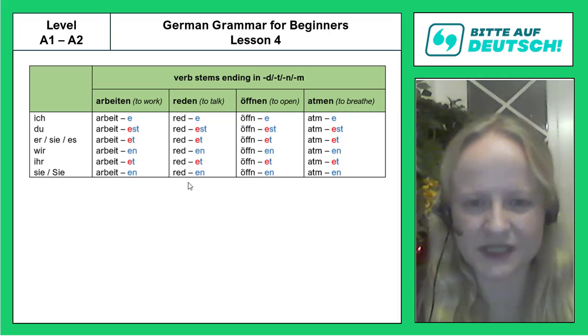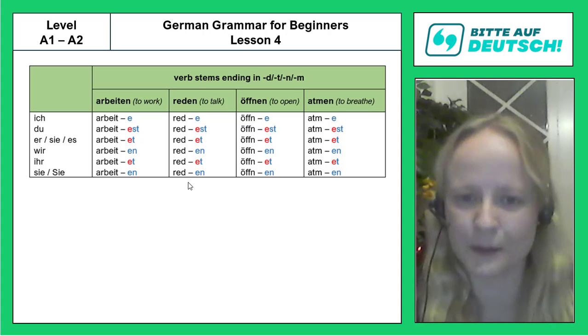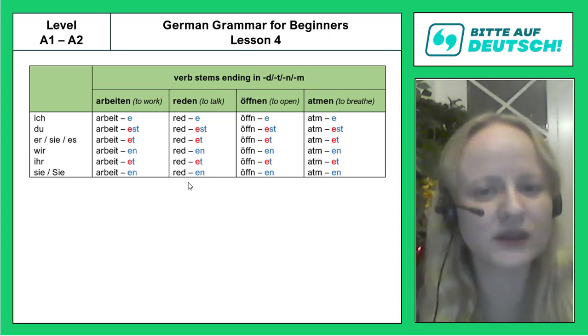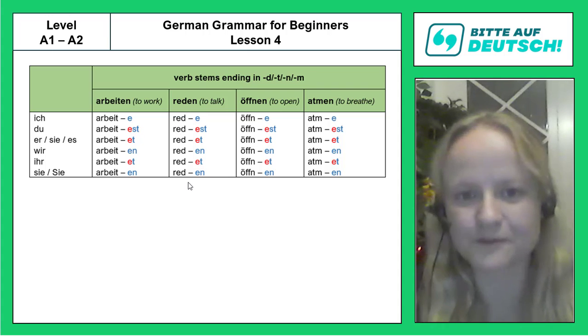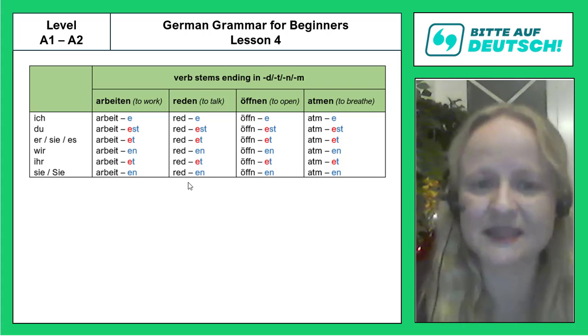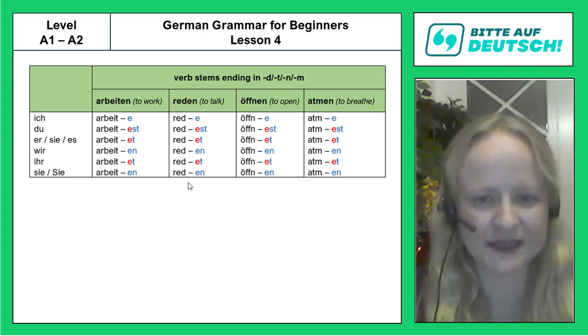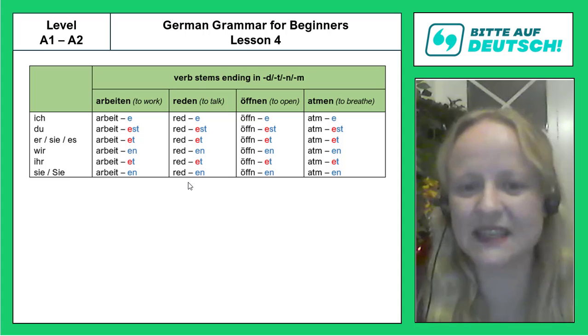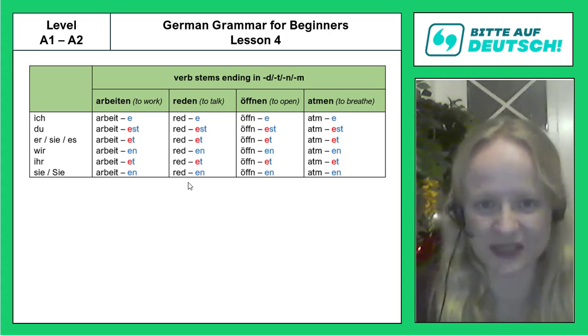So you will come across verbs that end in an N or an M that take these changes, but you will also encounter some of them that do not. Okay, so it is not a necessary condition. It is something that does occur in certain instances, and I would like you to understand where this E comes from. It's in order to ease the pronunciation.